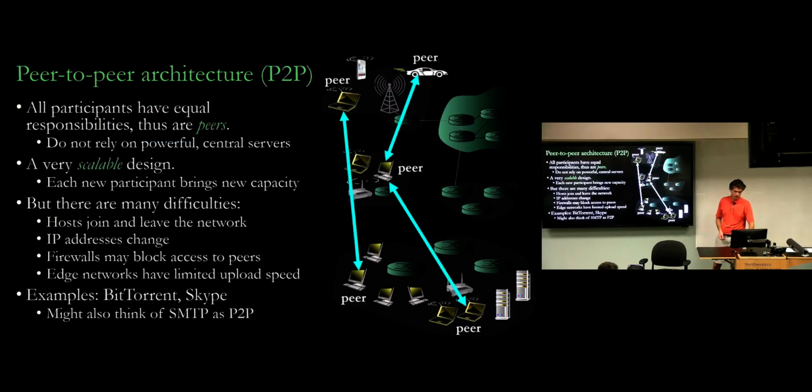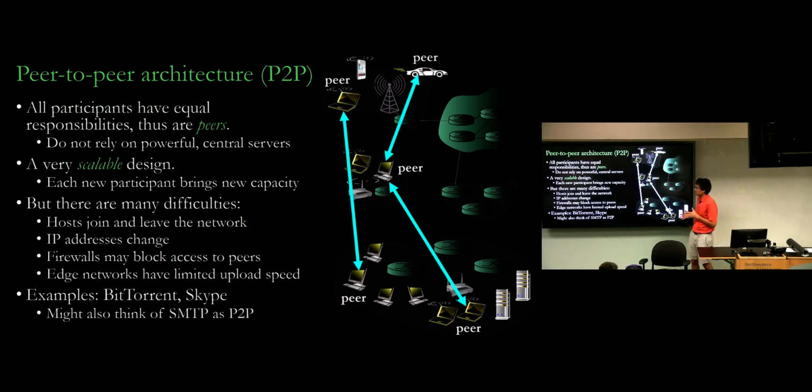And if you don't add more machines, it'll slow down and stop working. In a peer-to-peer architecture, whenever a new peer comes online to use the service, they are using the service, but also they're providing computing capability to everyone else in the system. So that's what I mean by saying that it's scalable.